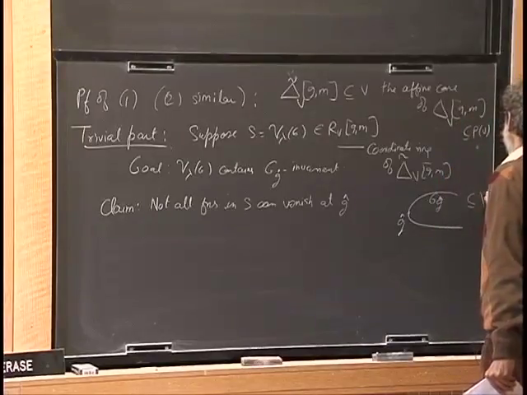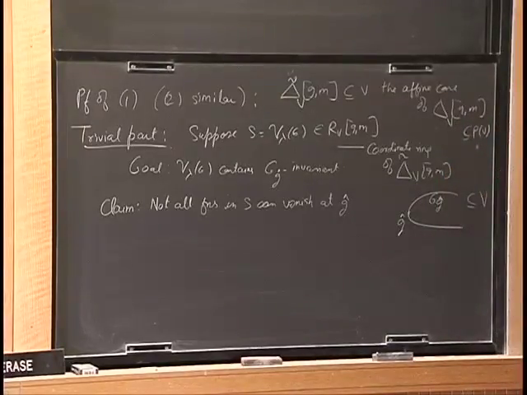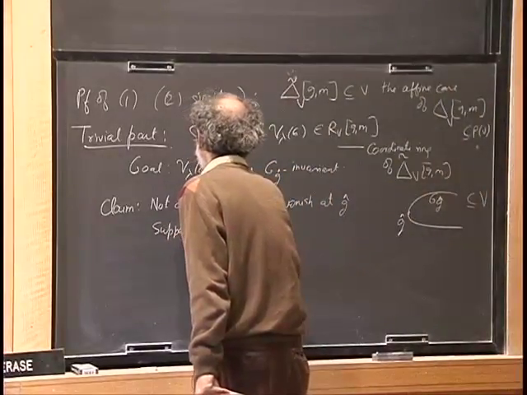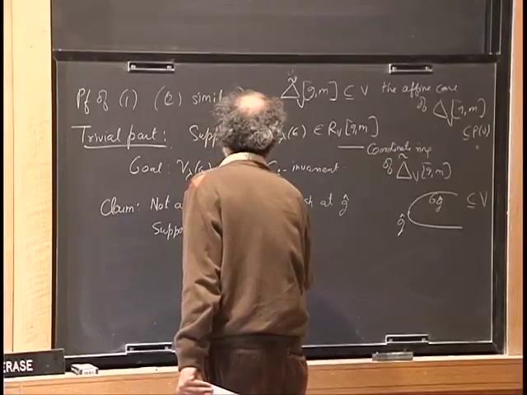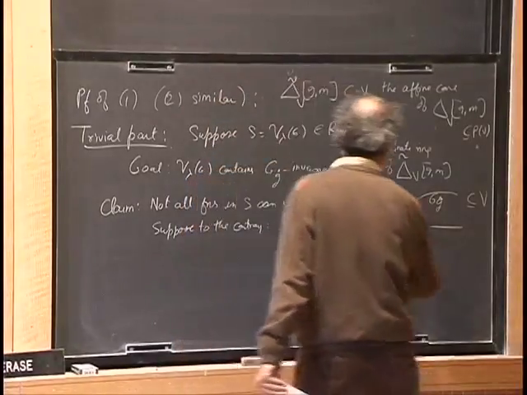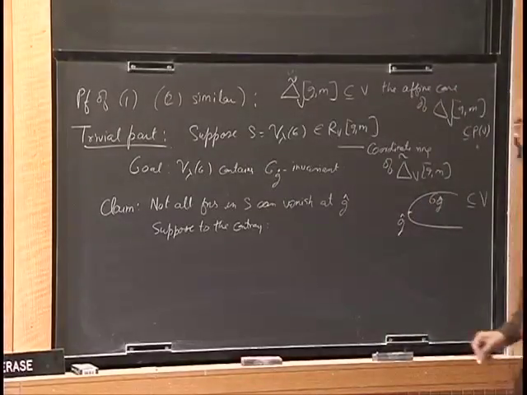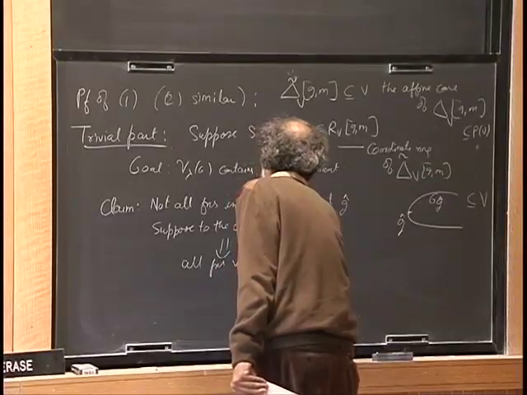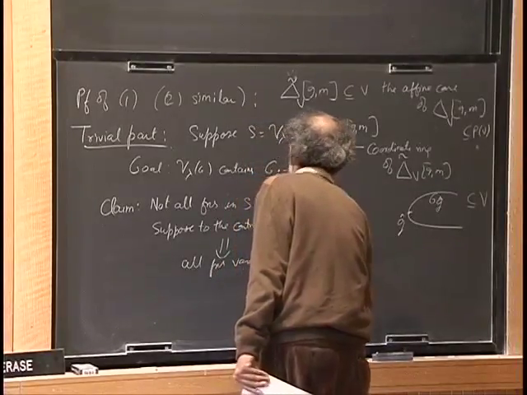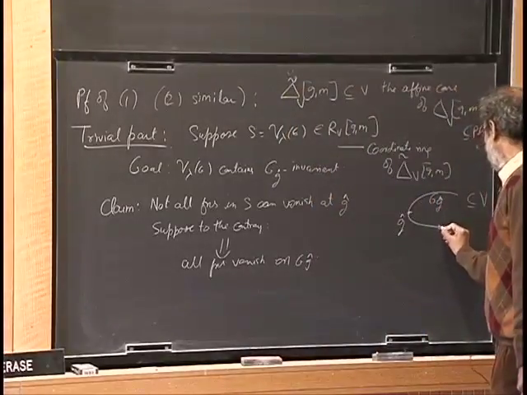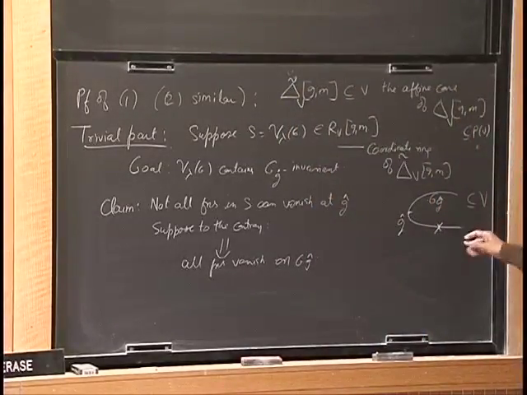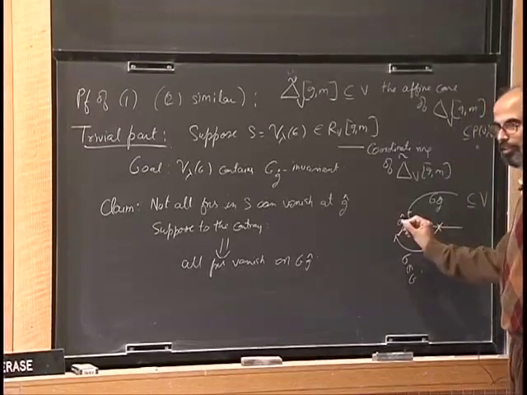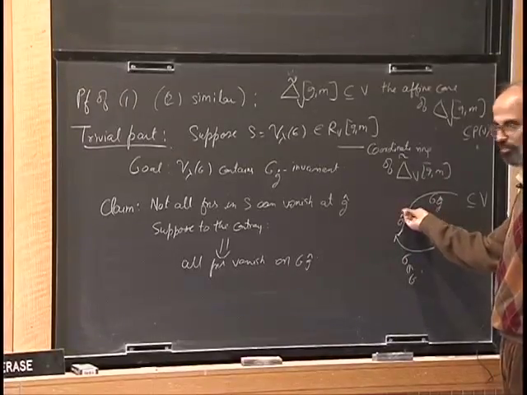This is the picture inside V. The proof is: suppose to the contrary that all the functions in S vanish at g hat. Then all functions vanish on the whole orbit, because if there were some function which did not vanish there, you could translate that function by applying some sigma inside G, so that the new function has a non-zero value here, but that is going to be a contradiction.